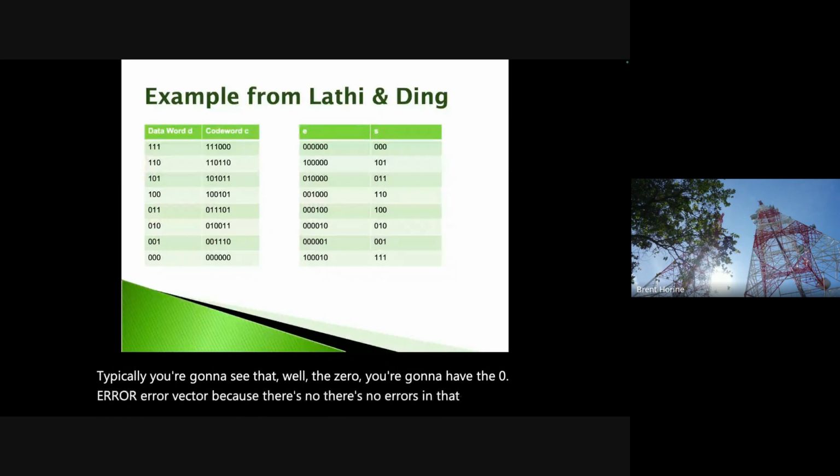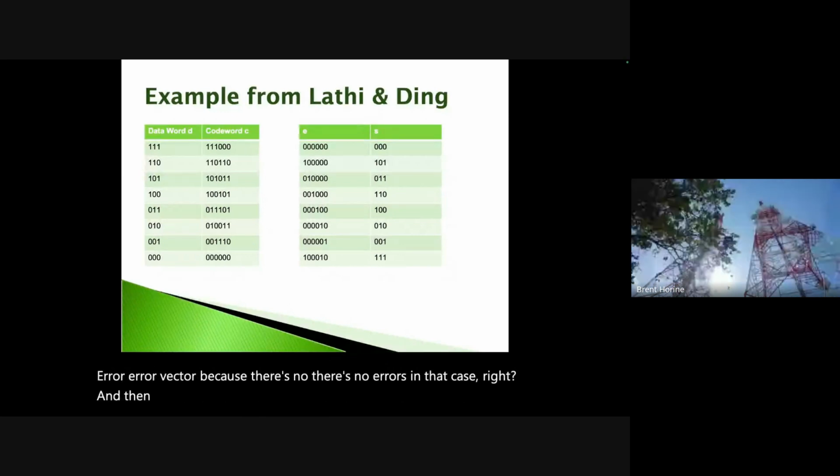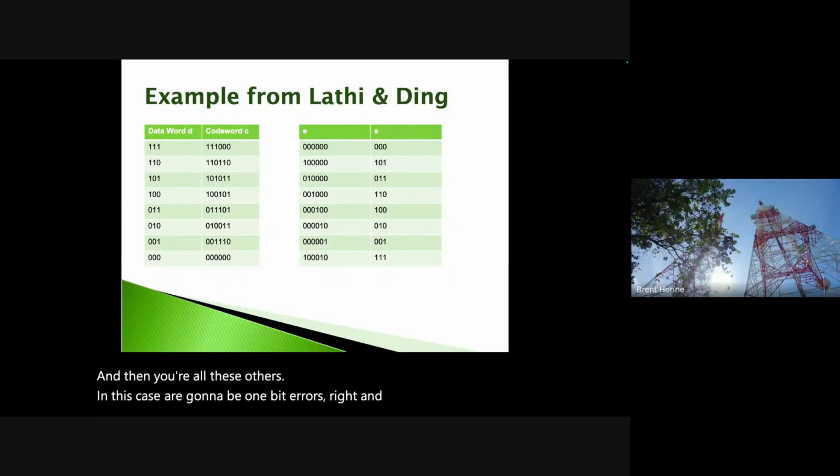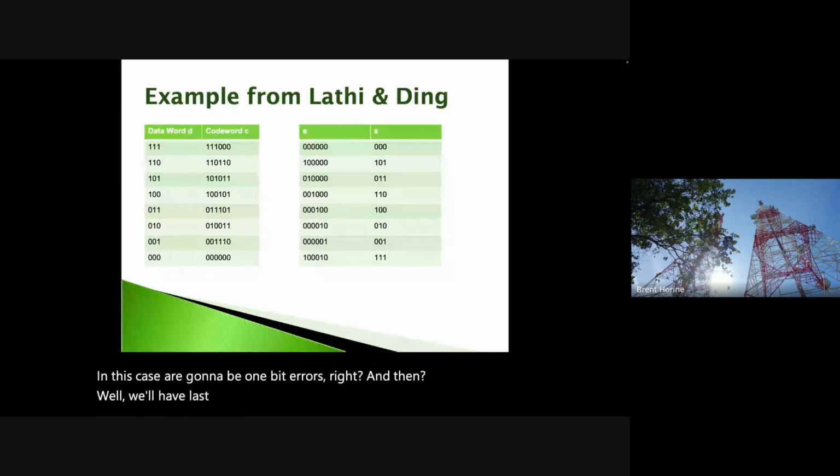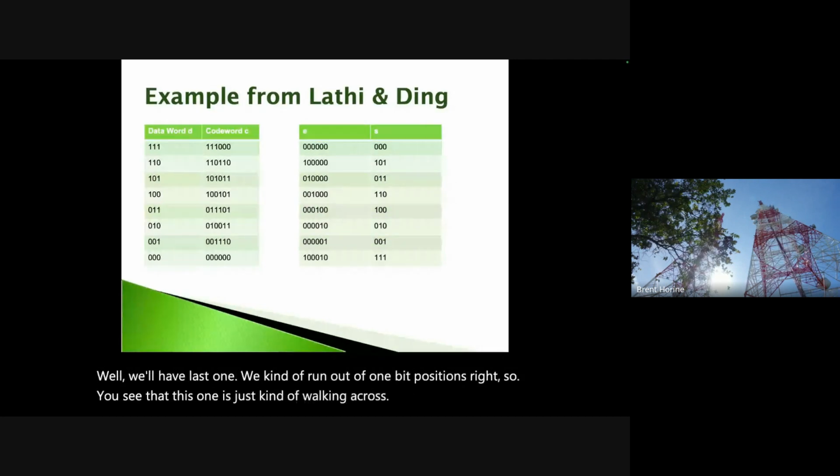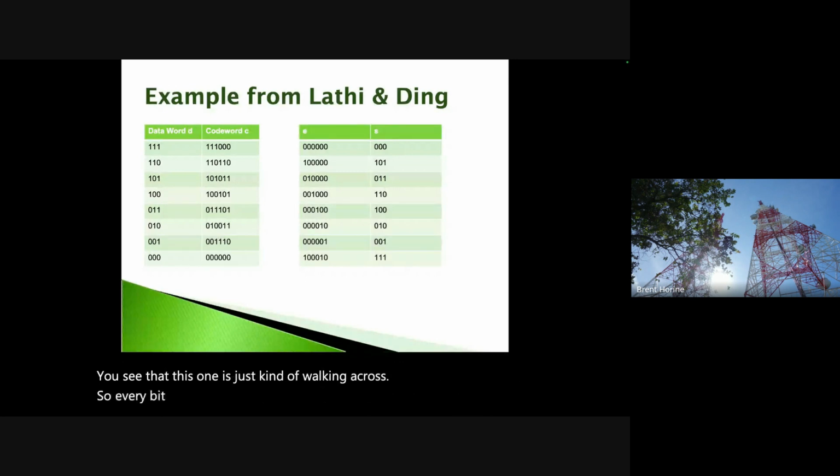And then all these others in this case are going to be 1-bit errors. And then for the last one, we kind of run out of 1-bit positions. You see that this one is just kind of walking across, so every bit position is represented here.